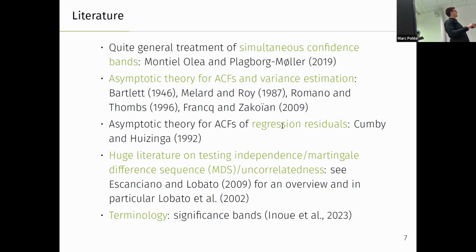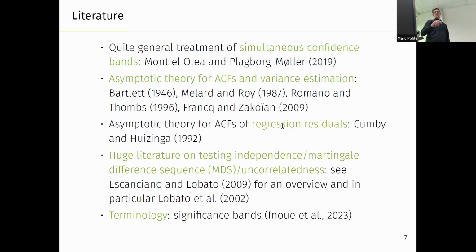The classical paper here is Bartlett, which we'll see in a few minutes, and Mélar-Roy propose an estimator for the asymptotic variance of the empirical autocorrelation function. Romano and Thoms is a generalization of Bartlett under more general assumptions. The asymptotic theory for the autocorrelation function of regression residuals goes back mainly to an econometric paper from Cambi and Bisinga.